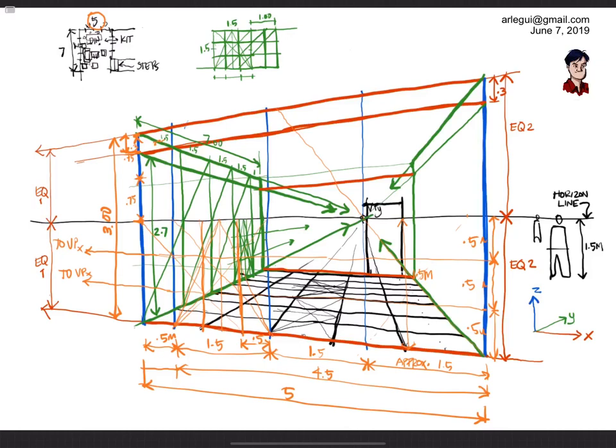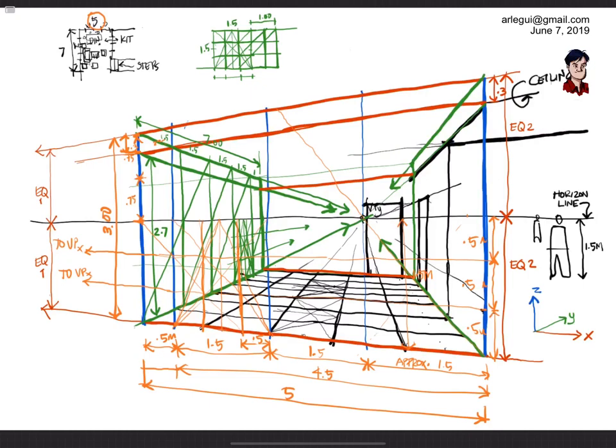Here I'm trying to already plot the height and the width of the doors, and alongside that corner, that 5 meter mark where the stairs are going to start.